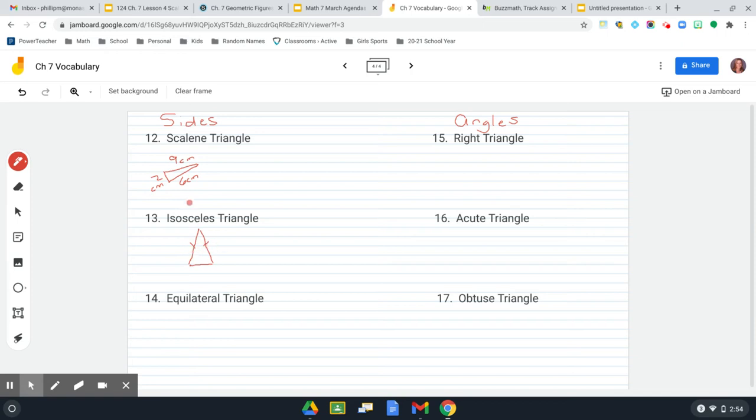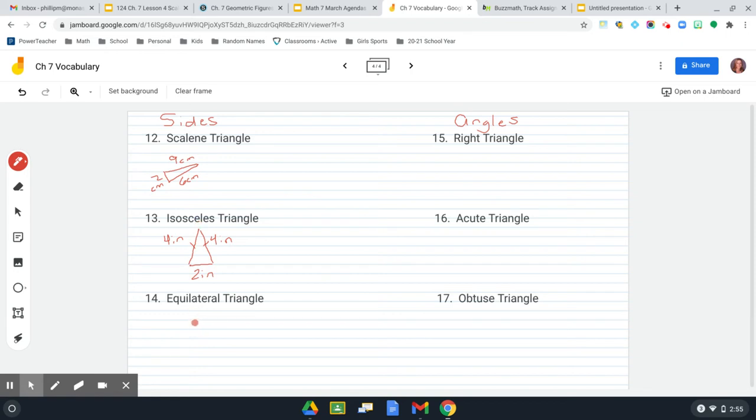They're equal side lengths. So I could tell you that this is 4 inches, and this is 4 inches. So isosceles, 2 equal sides. And at the bottom, let's just say this one is, I don't know, looks smaller, right? So 2 inches. So 2 of those sides are the same, isosceles.